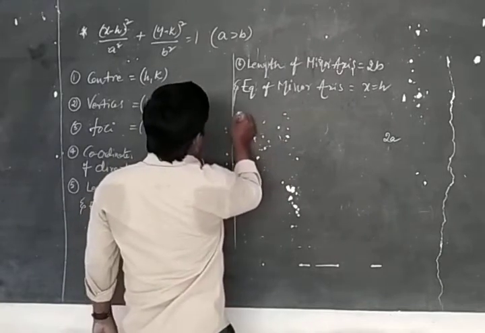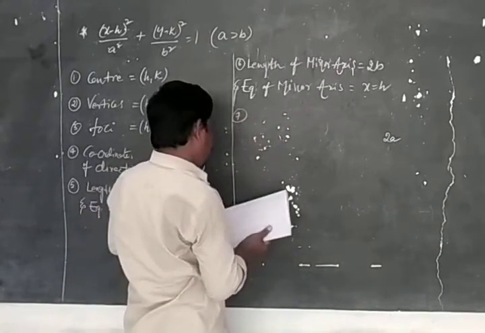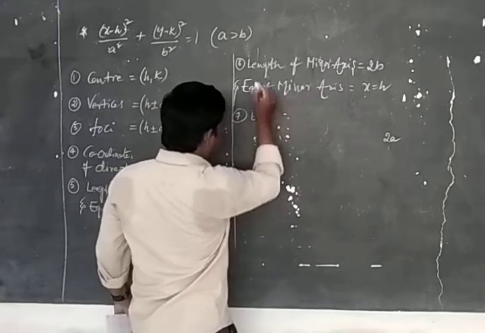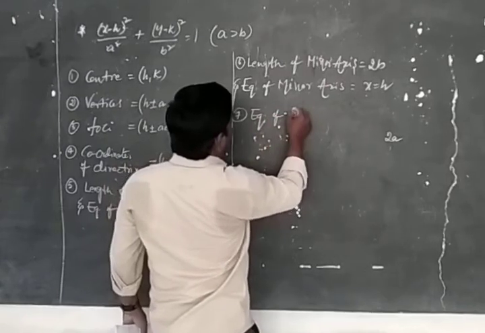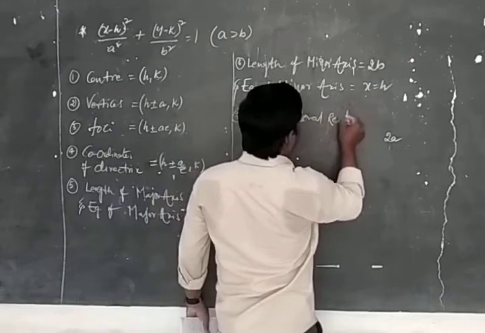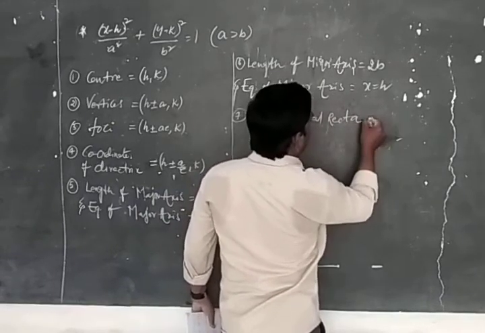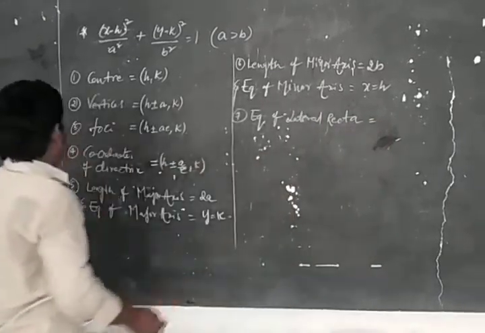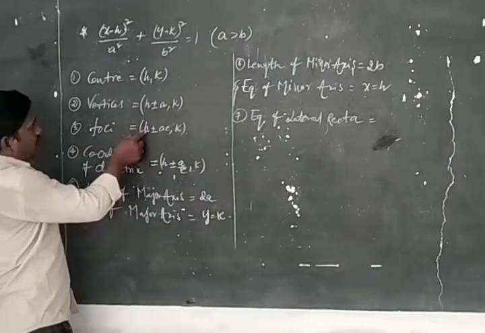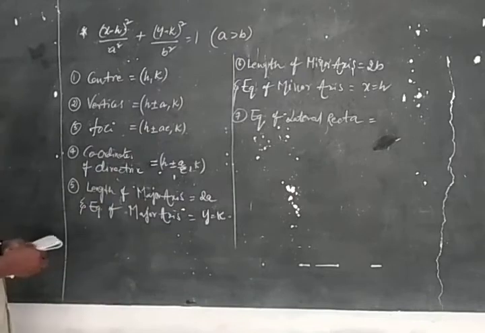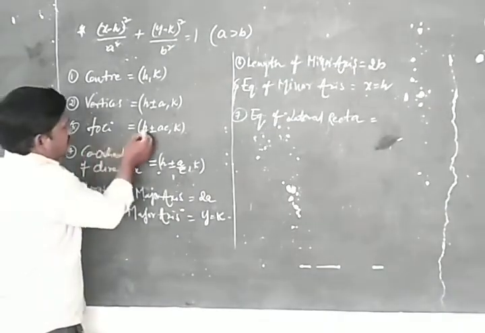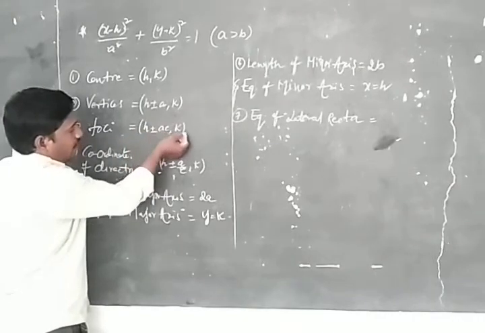Now seventh one, equation of lateral recta. That means here, foci means h plus or minus ae comma k.